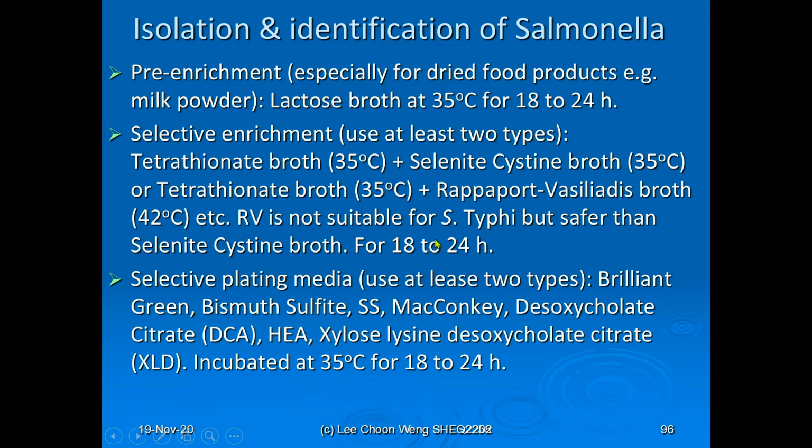After incubation, you can then carry out streaking onto selective plates. You have to use at least 2 types. You can choose from brilliant green, bismuth sulfite, Salmonella Shigella, MacConkey, desoxycholate citrate, HEA, or even XLD media.